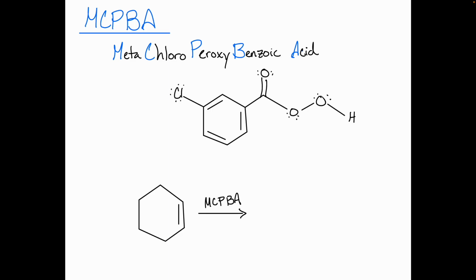But suffice it to say that this peroxy acid, and this is actually always what peroxy acids are doing, it's kind of weird, but they take this oxygen here, which is not terribly happy in its oxygen-oxygen single bond, and they insert it in between an existing bond, in this case, an existing carbon-carbon bond.